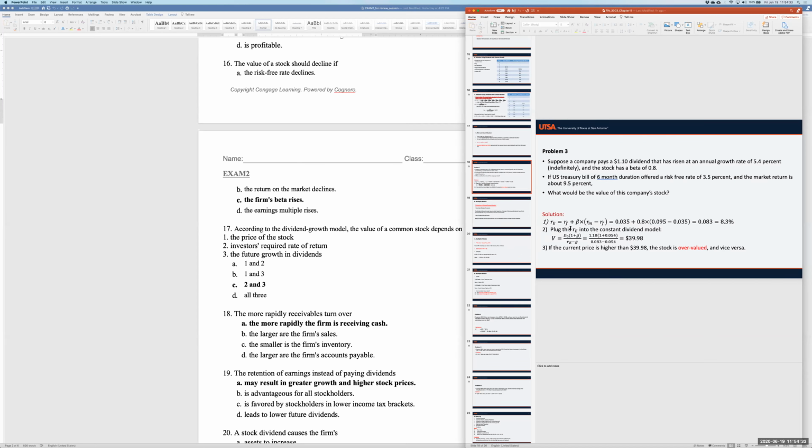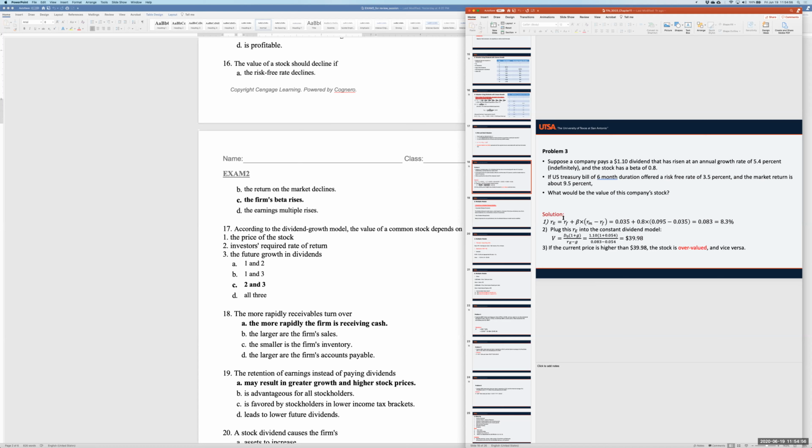As you see, the value of stock equals the dividend over the required rate of return minus growth rate. So if the risk-free rate declines, what is the effect of this calculation? We use risk-free rate in the required rate of return calculation, and in the required return on equity calculation we use the risk-free rate.